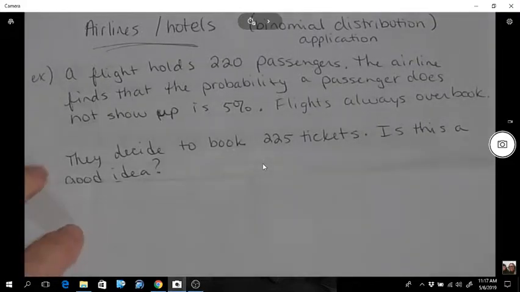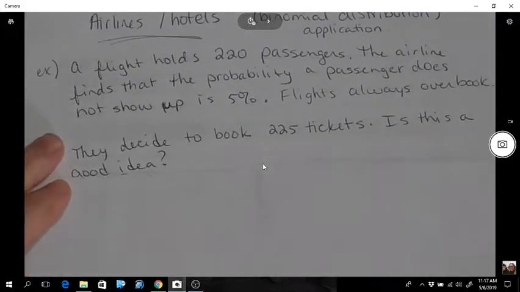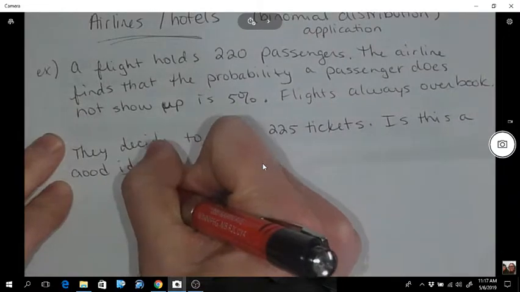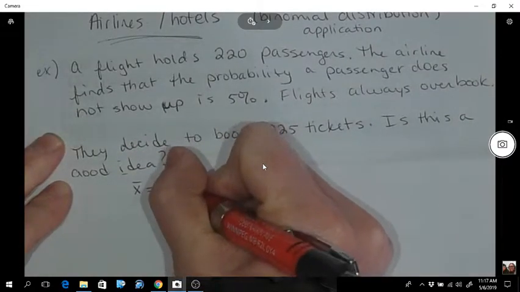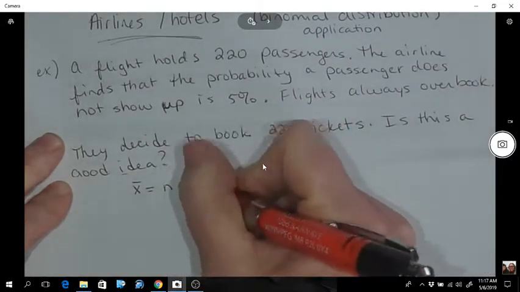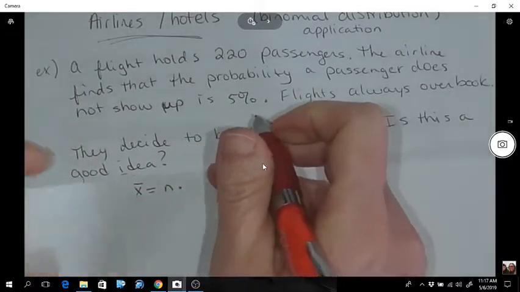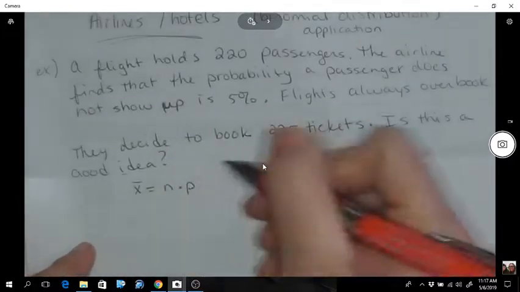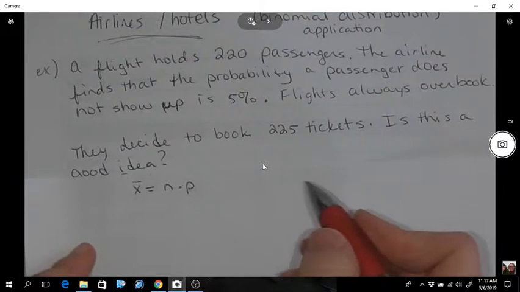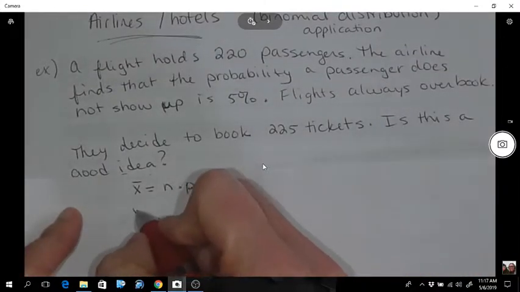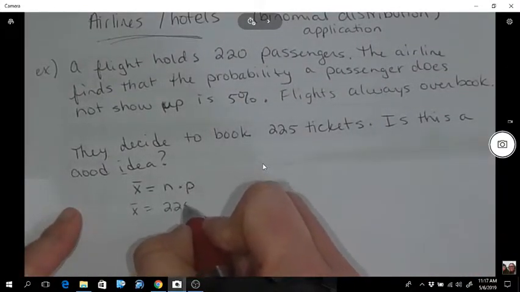Okay, so step one, we're going to find the mean, and that is the value of n times p. Okay, so our n is 225 tickets.